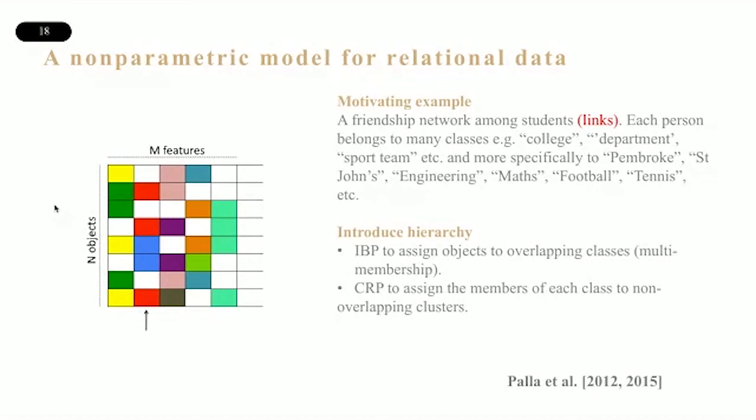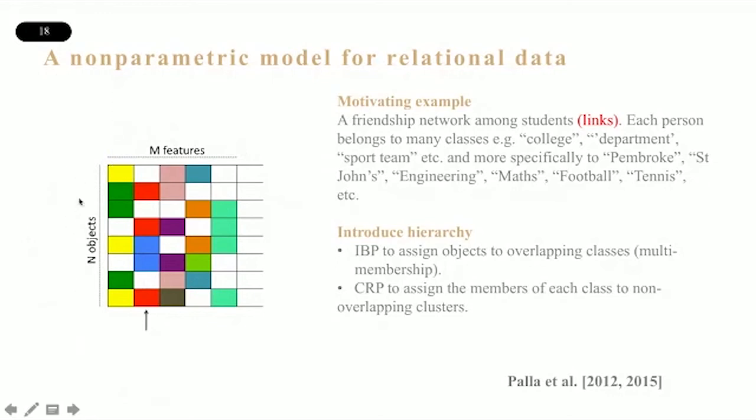So how am I modeling this kind of hierarchy? Probably you might be able to relate to what we presented before: I consider the Indian Buffet process to assign the objects, the people, to the overlapping classes. And then for the members of each class, I use the Chinese restaurant process to assign them to non-overlapping clusters. Please have a look here on the left side, where I have a class assignment matrix.